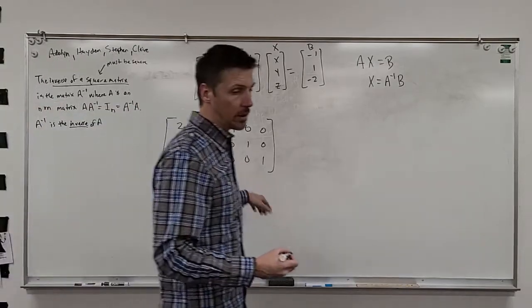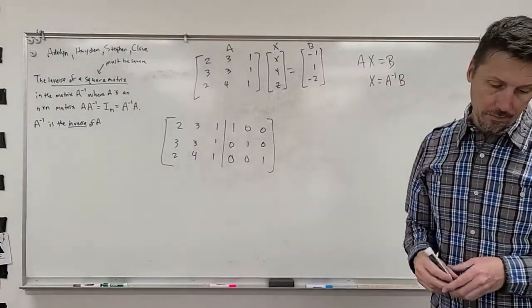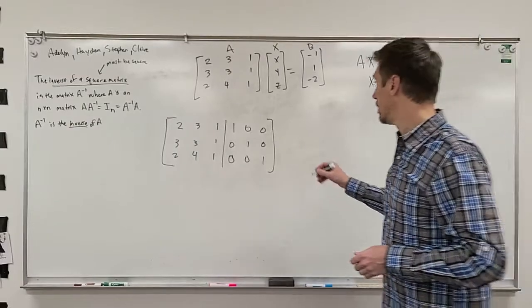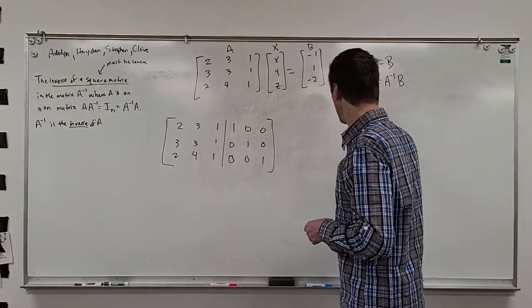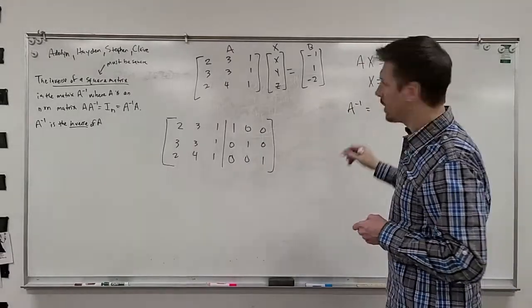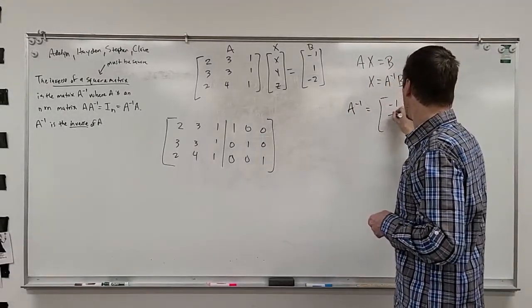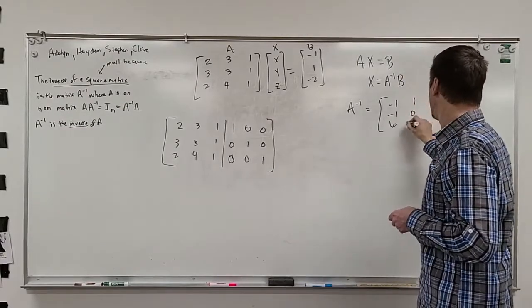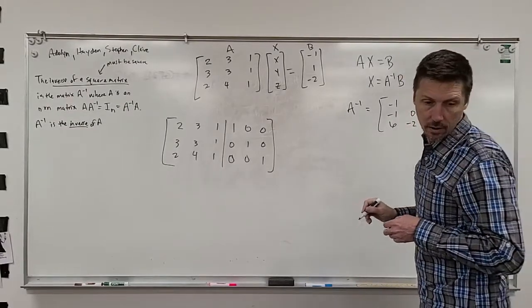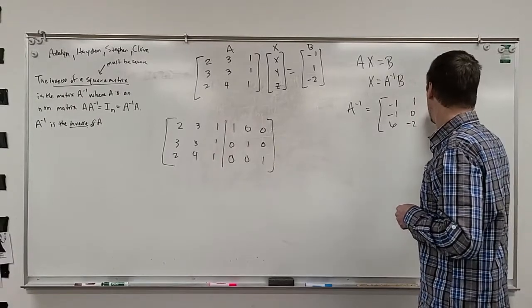And then over here we would end up having the inverse matrix. And so when we did that, we would see that A inverse equals negative 1, 6, 1, 0, negative 2, and 0, 1, negative 3.